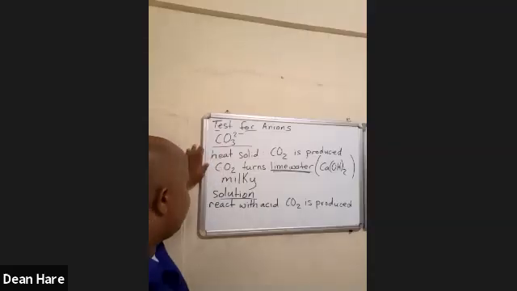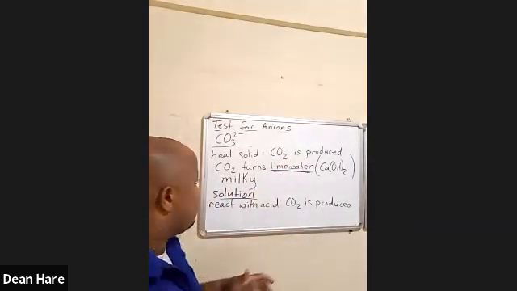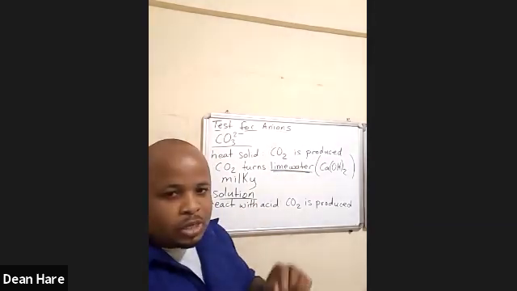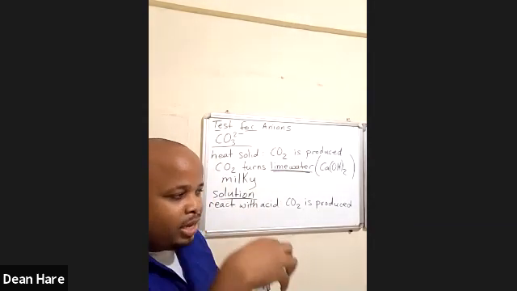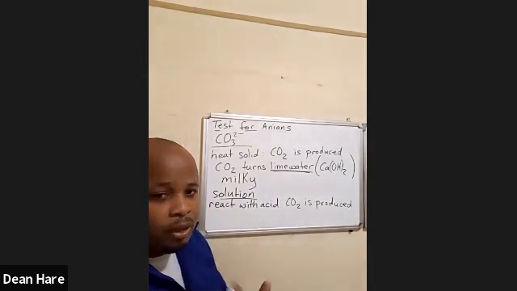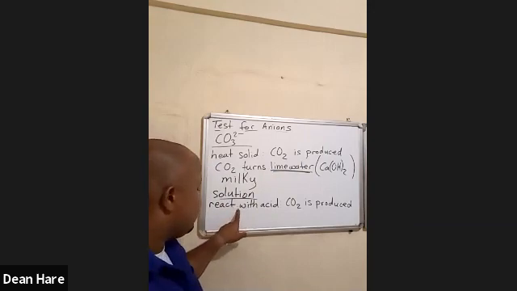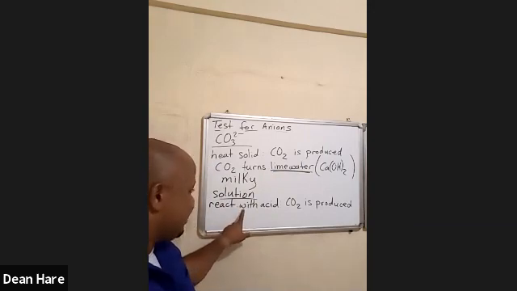So for the carbonate, if you heat this solid, it will produce CO2. You just need to do a setup where the gas is allowed to flow into a solution of lime water and it will turn milky. This reaction is on the channel as well if you want to see.